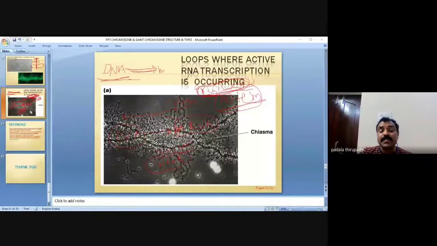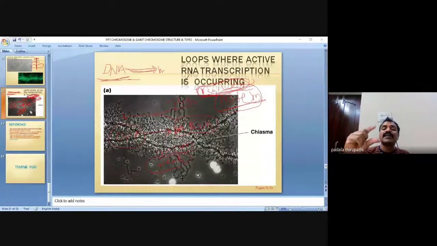Okay, so this is about the special types of chromosomes. There are three. Number one, polytene chromosome. Number two, lamp brush chromosome. Number three, B chromosome. The first two are large compared to normal chromosomes, that's why we call them giant chromosomes. The third type is smaller in size compared to normal chromosomes.